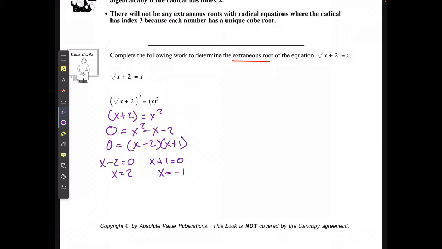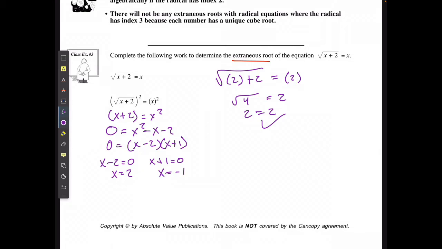Now, one of these should be an extraneous root when I double check it. So I'm going to try the first one. If I have the square root of 2 plus 2, does that actually equal 2? The square root of 4 is equal to 2. 2 is equal to 2, and that one does work.